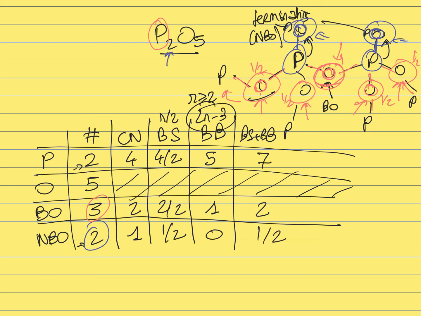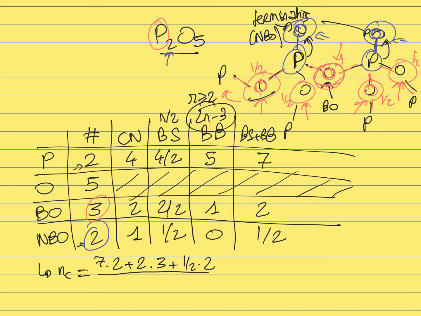So now we can calculate the number of constraints per atom. We have 7 constraints per phosphorus, and we have 2 phosphorus atoms, plus 2 constraints per bridging oxygen, and we have 3 bridging oxygen per formula unit, and then 1/2 a constraint per NBO, and we have 2 NBO.